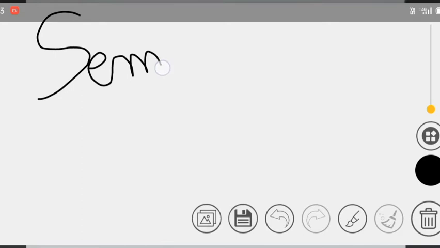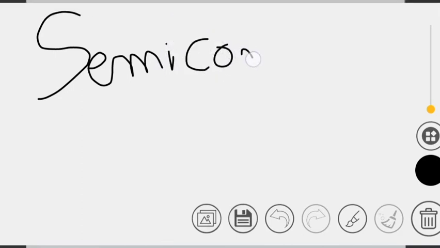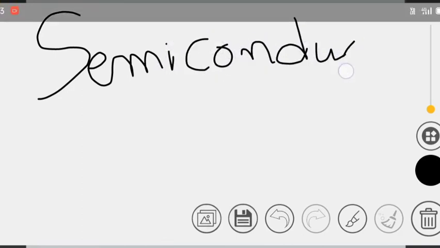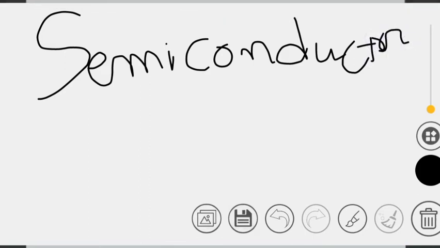Let's talk about semiconductors. First of all, what are semiconductors? Semiconductors are materials which exhibit electrical conductivity between that of a conductor and an insulator.